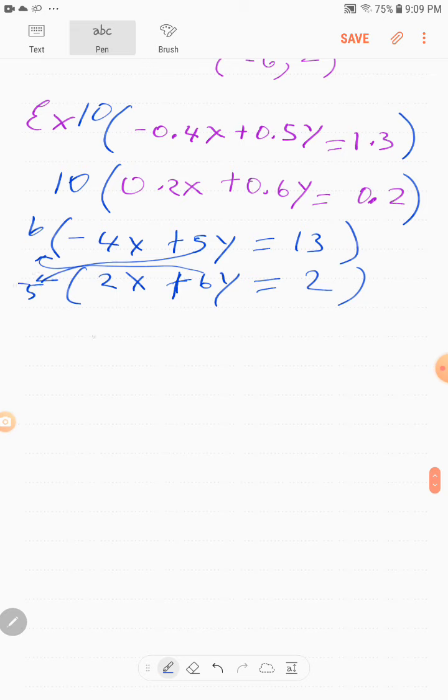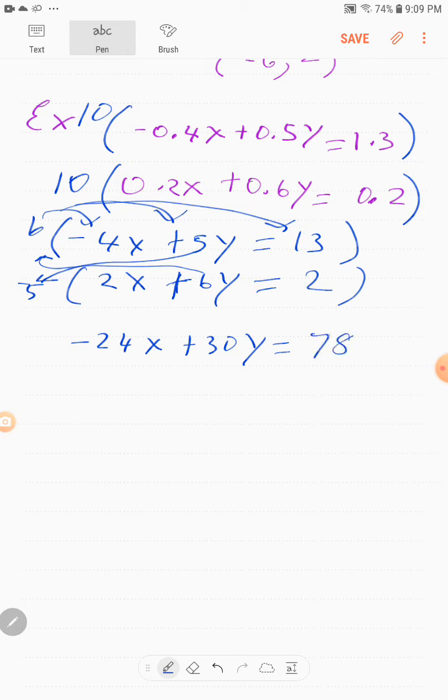Okay, so distributing the first equation, we'll have minus 24x plus 30y. 6 times 13, 6 3s are 18, so that should be 78.